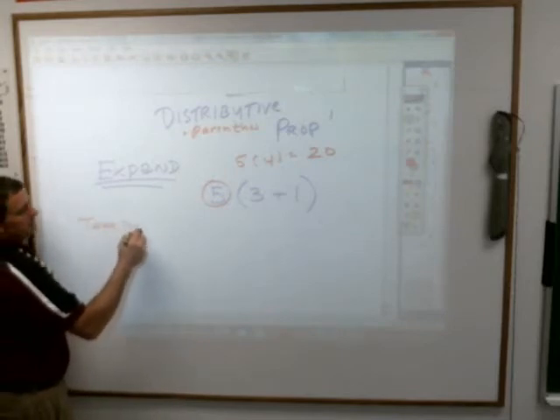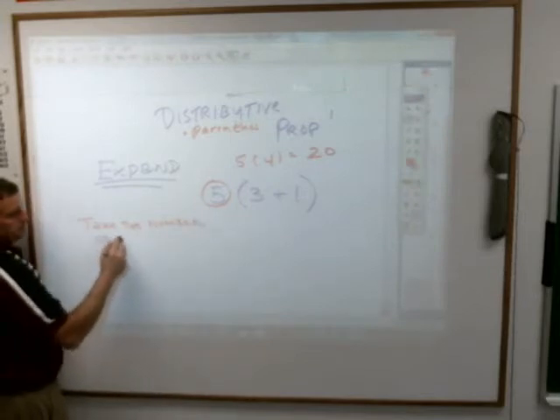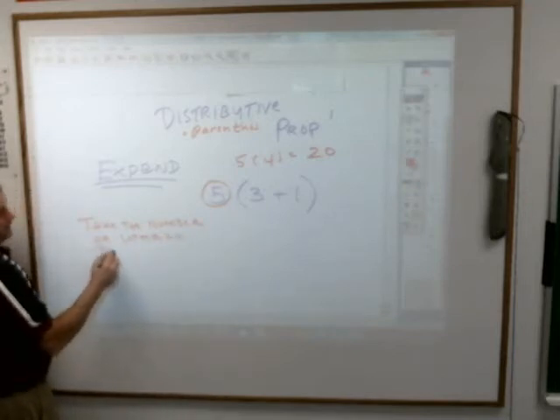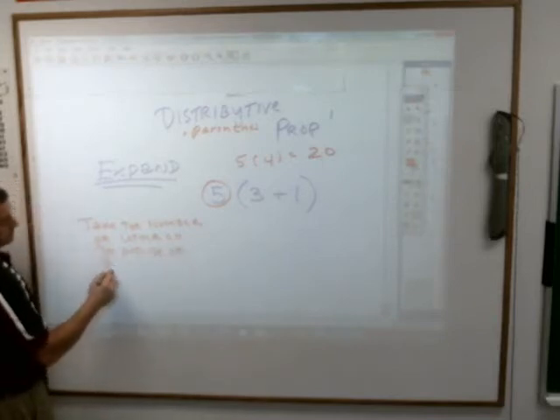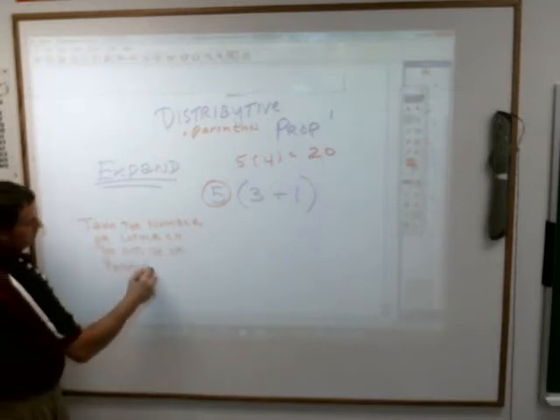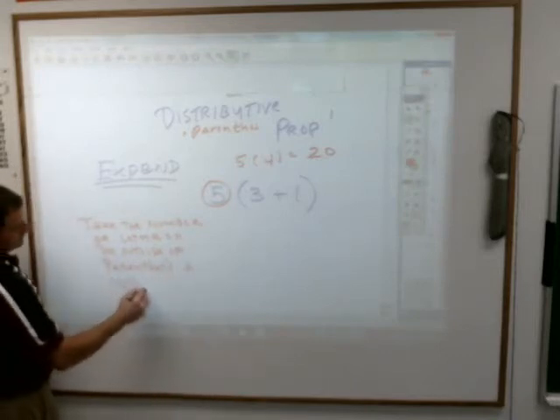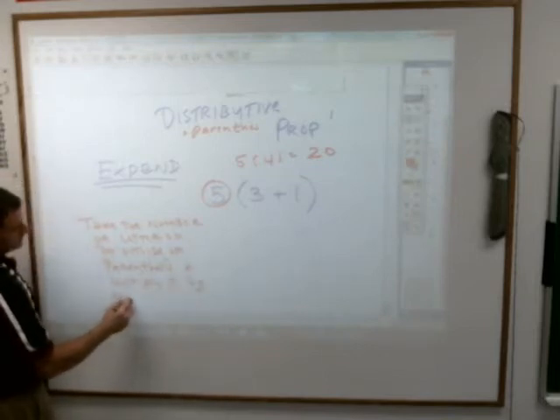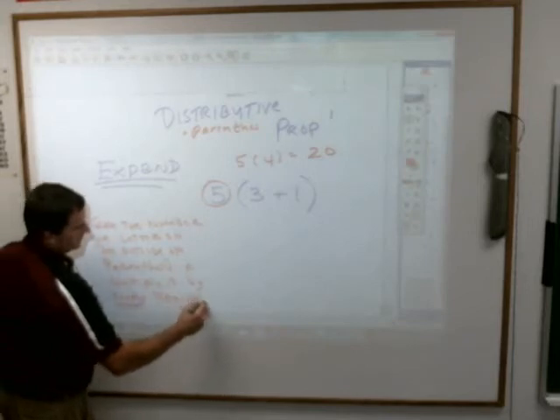Take the number, by the way, it could be a letter, on the outside of the parenthesis and multiply it by every term inside the parenthesis.